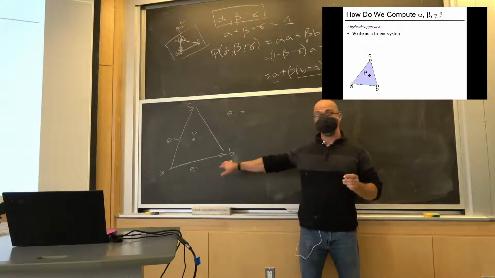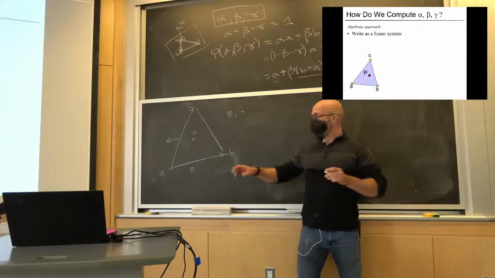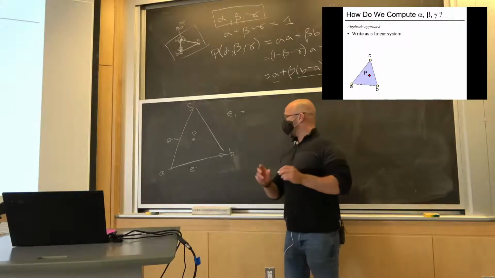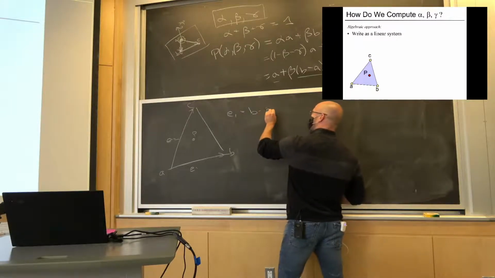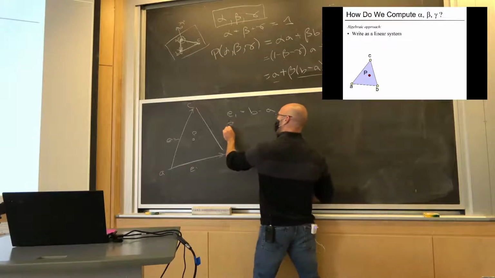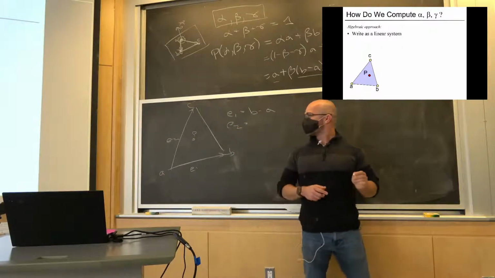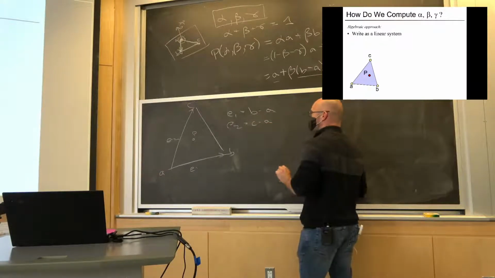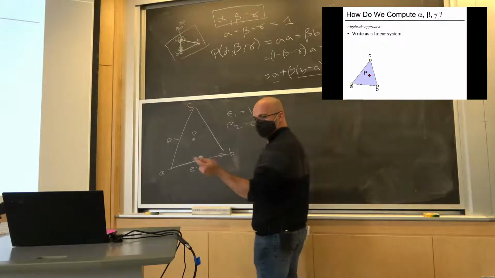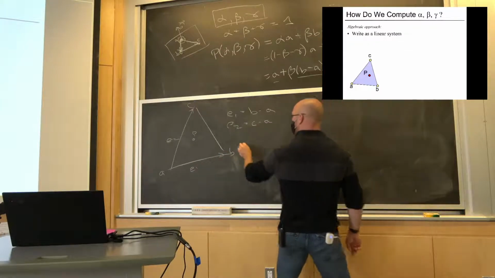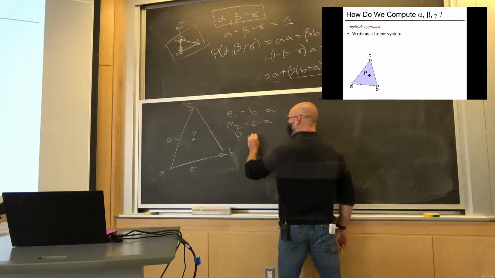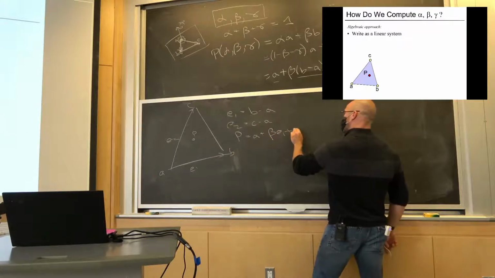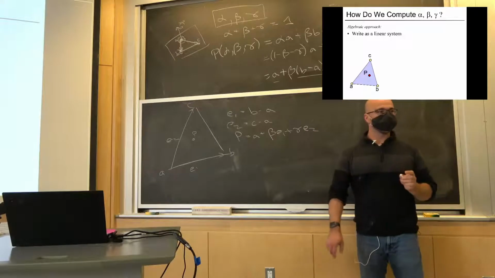I know you guys know how to do this. B minus A. There we go. And E2 is C minus A. Awesome. So what is our point? We can write it as follows: P is equal to A plus beta E1 plus gamma E2. Cool?